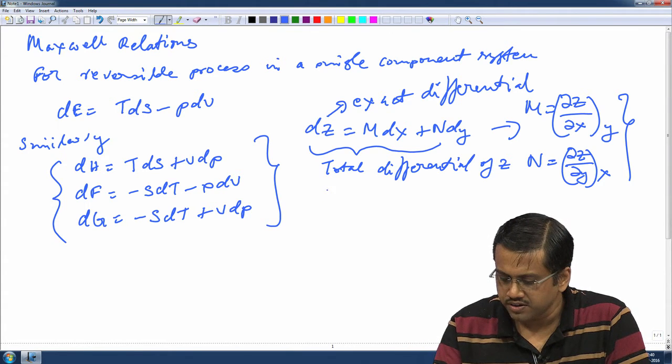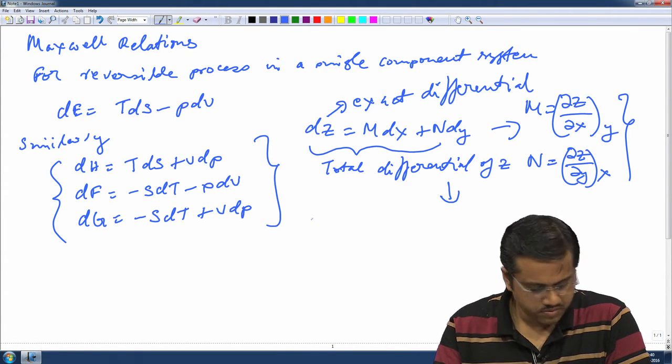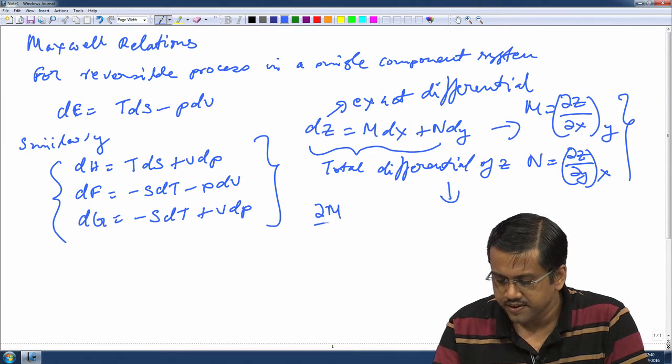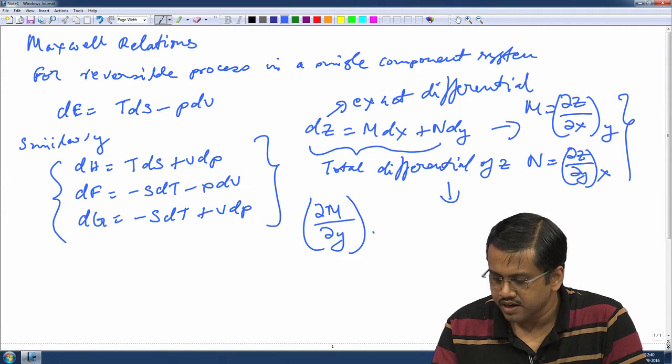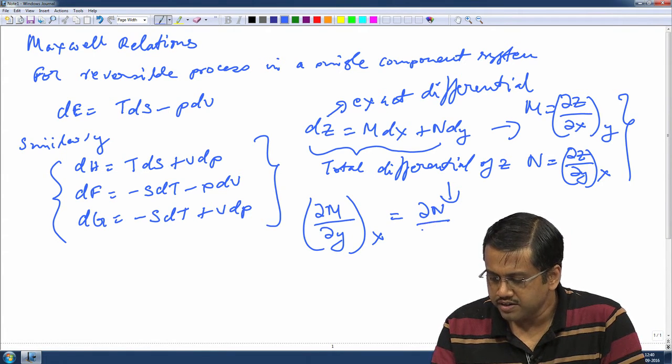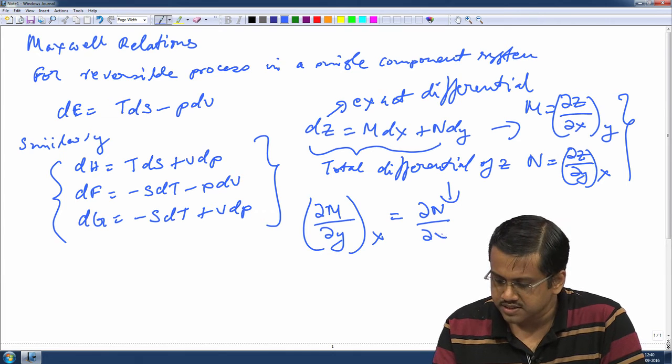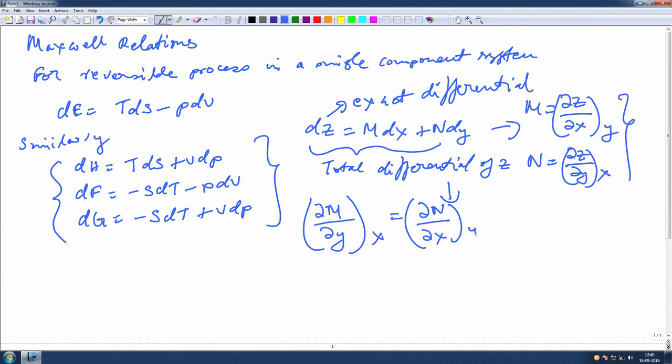So, in general, from this what we can say is that the partial of M with respect to y at constant x and the partial of N with respect to x at constant y must be the same, and they are both equal to this.